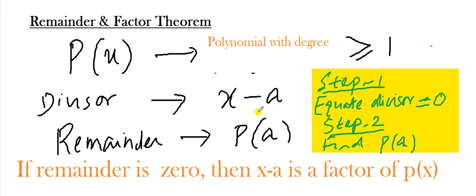What you do is you always equate the divisor to 0 to get the value of x, and then you find the value of the polynomial at that particular value of x, which is basically a. Whatever answer you get, p of a gives you the remainder. And an extension is, if this particular remainder is 0, then you can say that the given divisor is a factor of p of x or the polynomial.